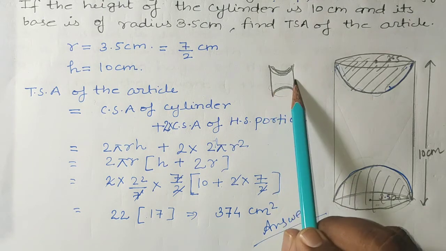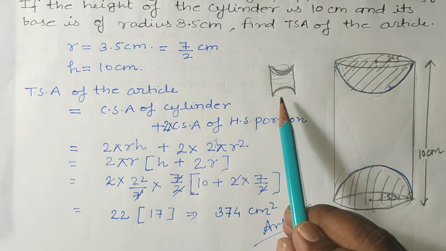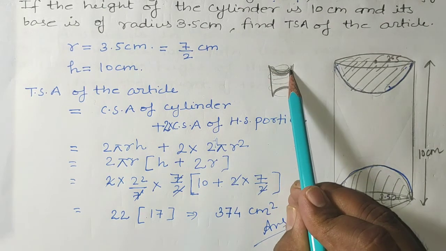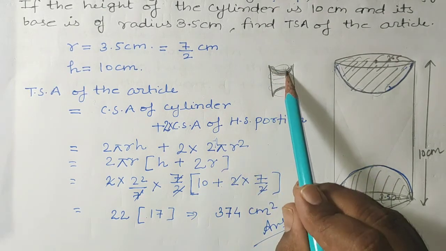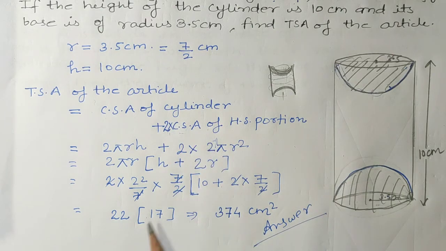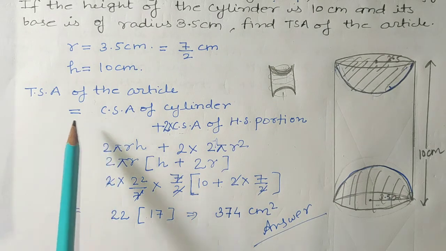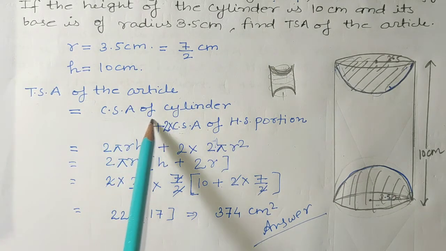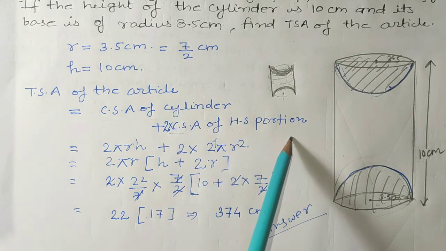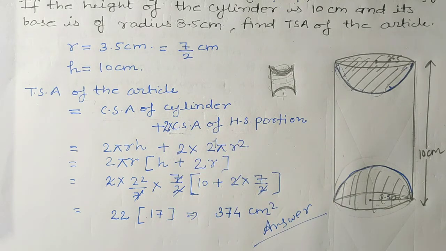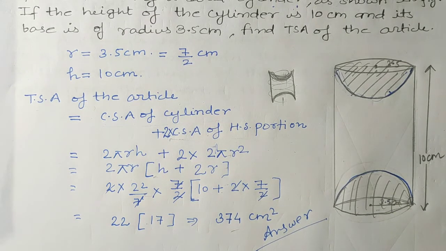We have added the curved surface area of the cylinder, after that curved surface area of this portion and curved surface area of this portion. Since both will be the same, it will be 2 times curved surface area of the hemispherical portion. Okay students, so in total surface area of the article, we have added the curved surface area of the cylinder plus 2 times curved surface area of the hemispherical portion. And after that, by putting all the values, we have got the result, that is 374 centimeter square. So just pause the video and note it down.